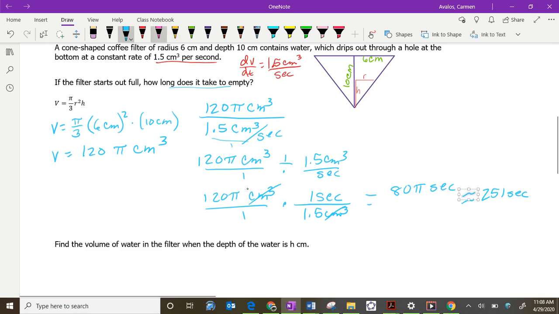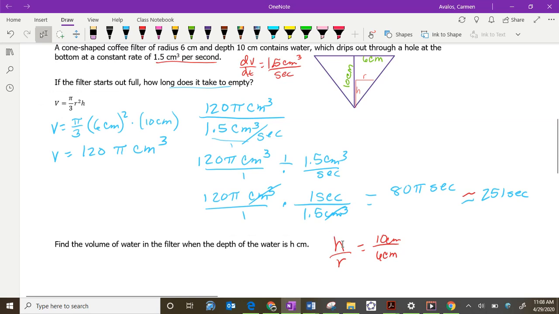We want to solve for that, so it's h is to r, which is 10 centimeters to 6 centimeters. Our goal is to have it in terms of h. That means in the volume formula up here, we want to replace r with whatever it equals in terms of h.